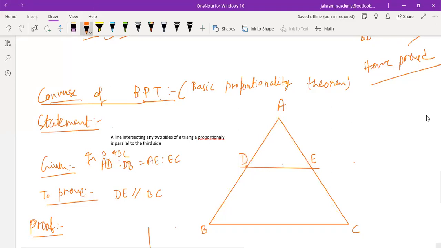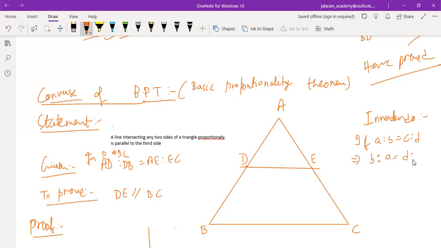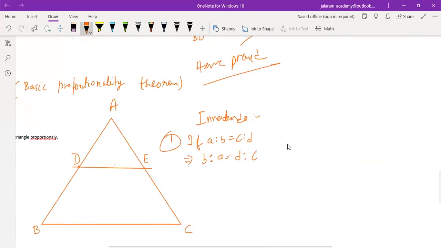So what is the meaning of invertendo? Invertendo means if A is to B equals C is to D is given, then its inverse is also correct, that is, B is to A equals D is to C. Now one more property is componendo.